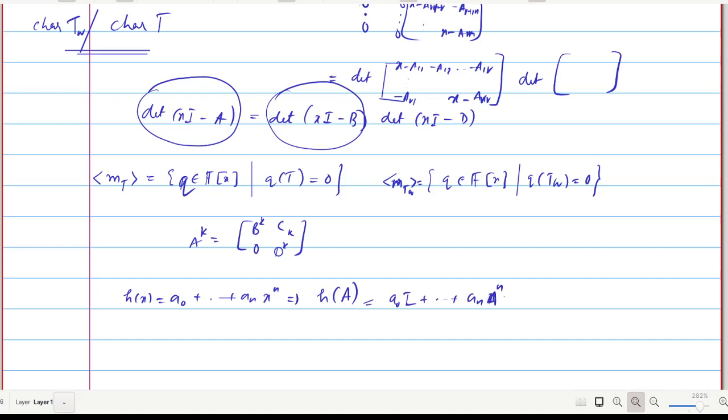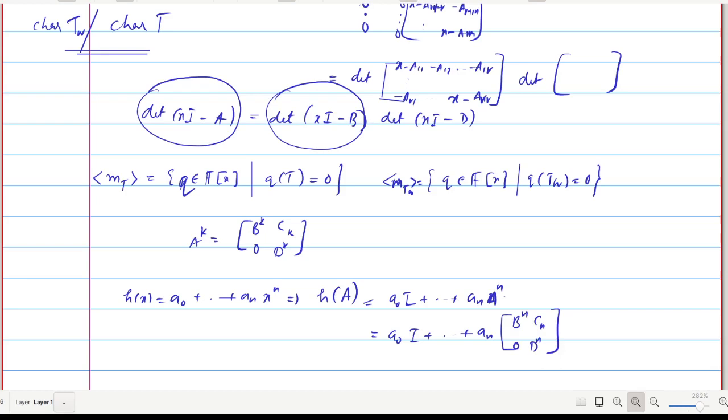Similarly, this a raised to n can be written as the matrix b raised to n, cn, 0, d raised to n.